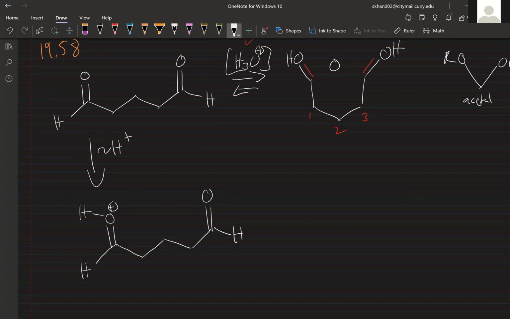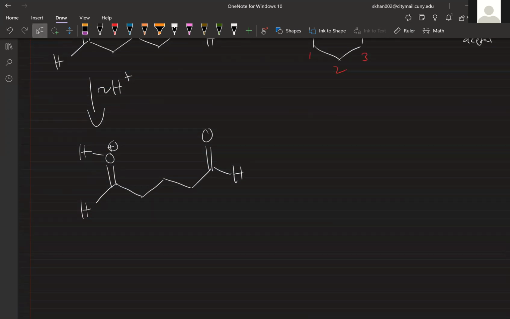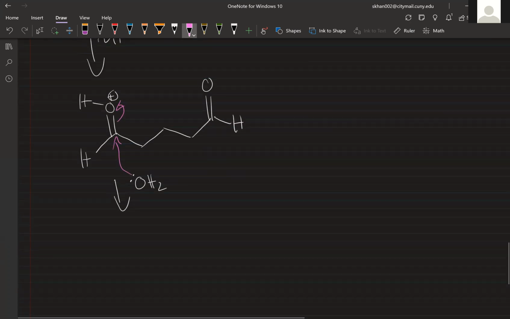Now, once again, since our only really nucleophile here would be the water, that's what's going to happen next. I'm just going to keep going downwards, it's a little bit easier that way. OH2. Right. And now you have your hydrate formation.